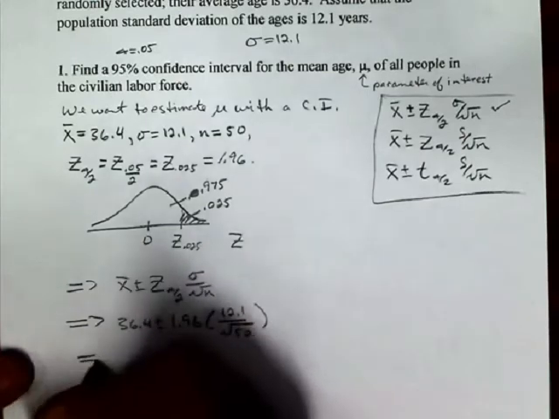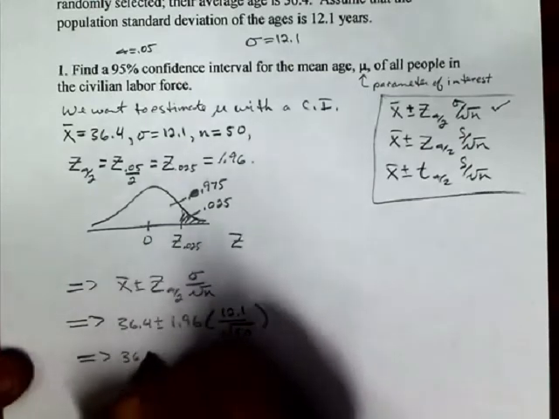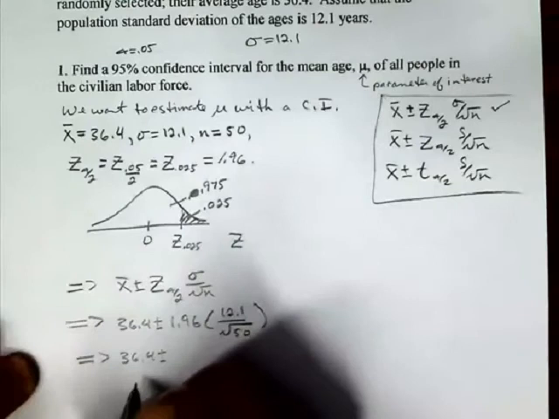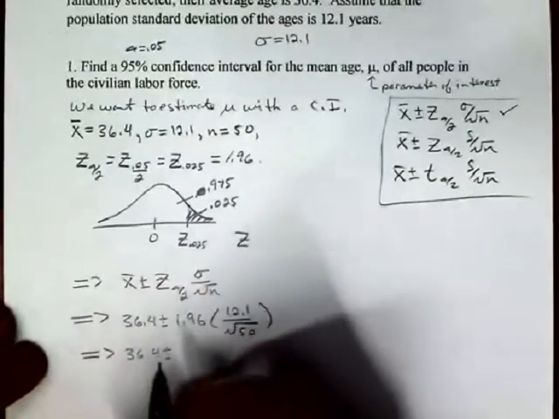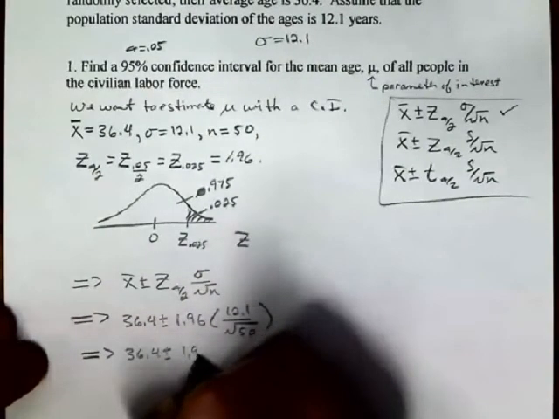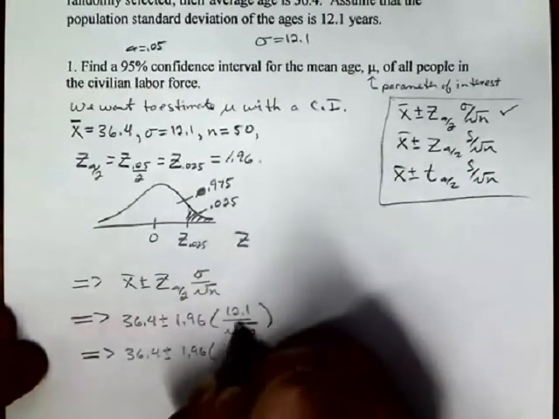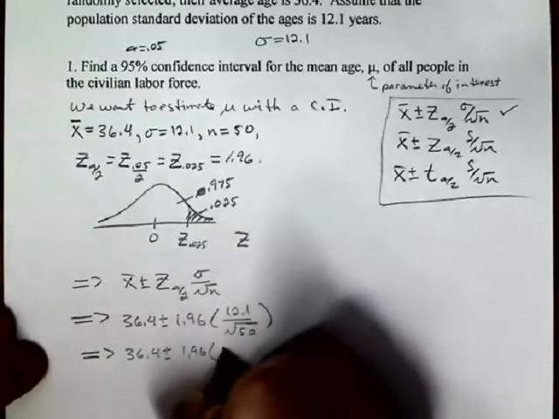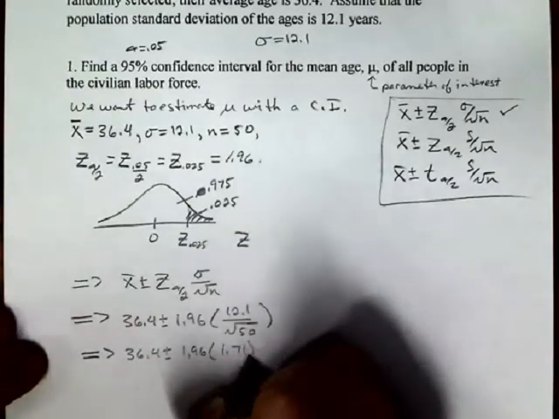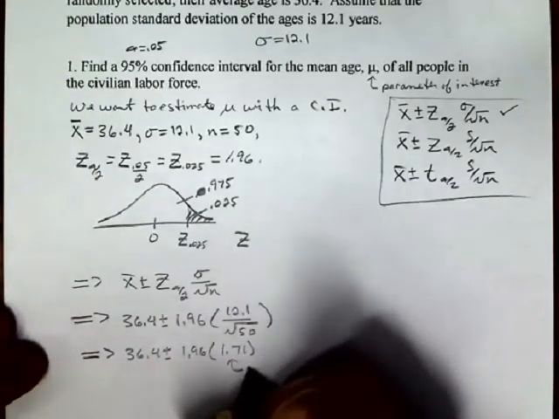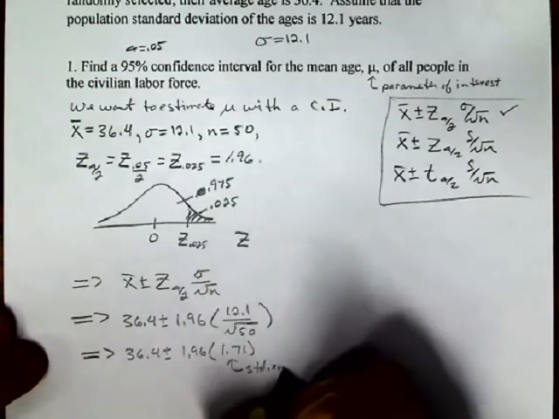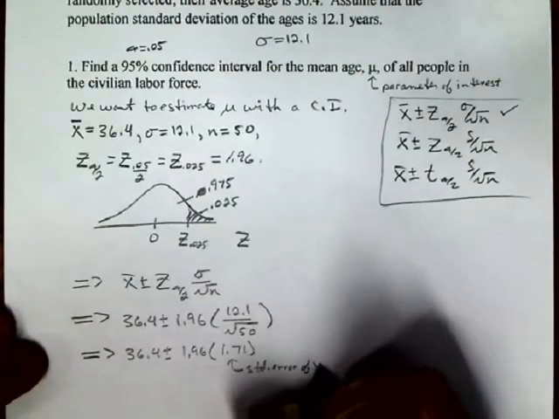Okay, so I keep moving here. 36.4 plus or minus. What I've got here is 1.96 times this ratio, which reduces to 1.71, and this is the standard error of x bar.